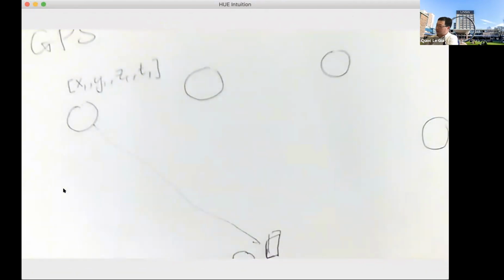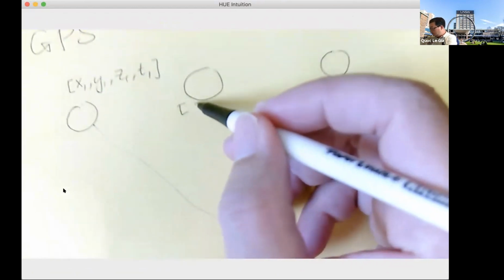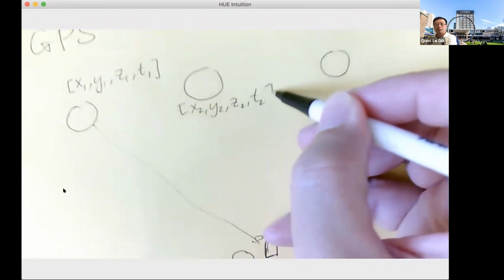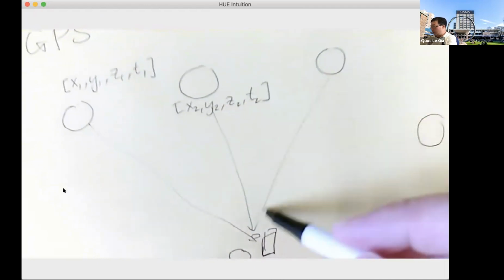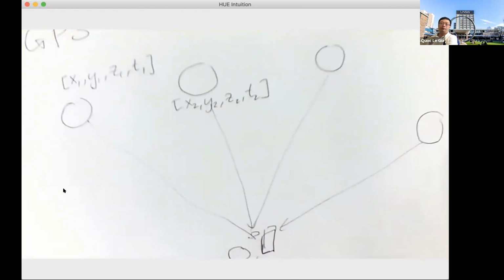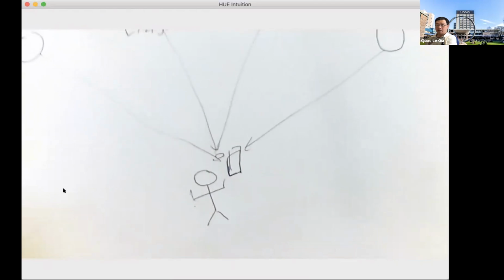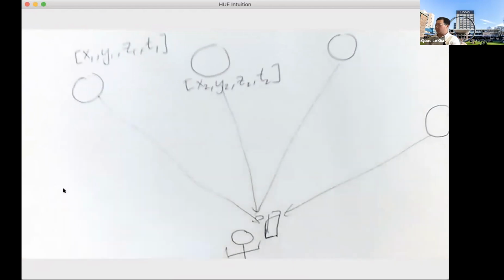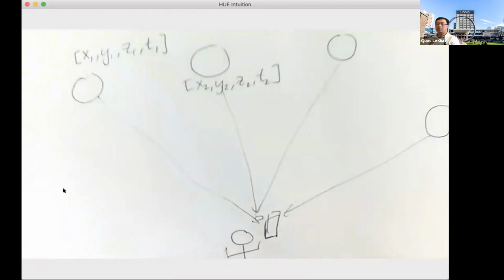Then another satellite gives you x2, y2, z2, t2, and so on. So you have 4 signals from 4 satellites. And each signal is just a collection of 4 numbers, the x, y, z coordinates, and the time it sent you the signal. Okay, so they are given.